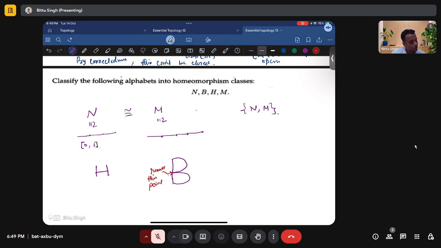So B minus, suppose this is P, then B minus this singleton P, it will break into 2 components, 2 or more than 2. Let us see. Okay, it will break into these 2 components. One will be this, another will be this, right?